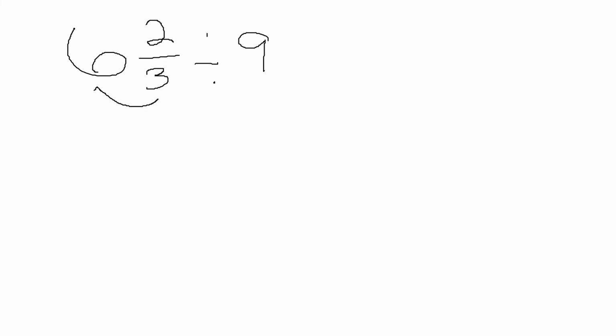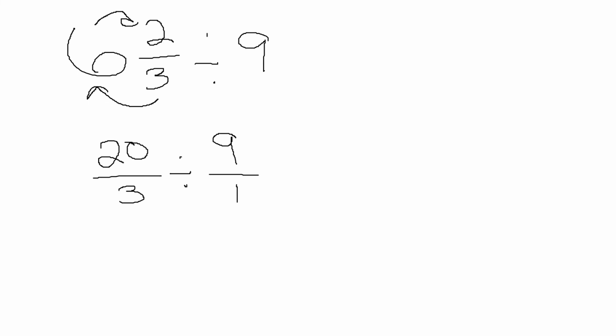So let's work one of these. Let's do 6 2/3 divided by 9. All right, if step. If needed, convert mixed numbers to an improper fraction. 6 times 3 is 18, plus 2 is 20. Keep your denominator. Divided by, put all whole numbers over 1. Okay?